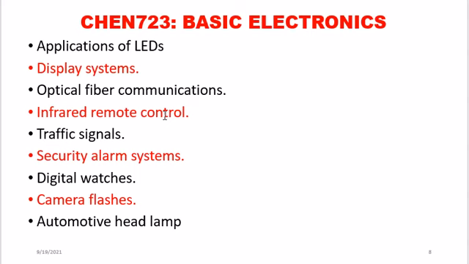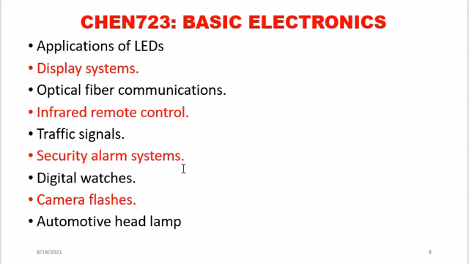In traffic lights, everybody knows red means stop, green means move, and the yellow or amber means get ready. So all of them are light emitting diodes. We also use it in security alarm systems. For instance, if you have a system that whenever somebody crosses a place, it will detect and raise an alarm, we use light emitting diode for that.